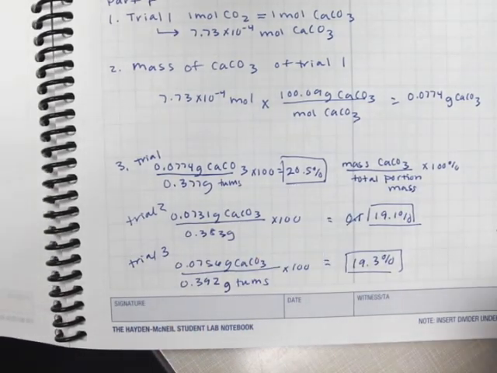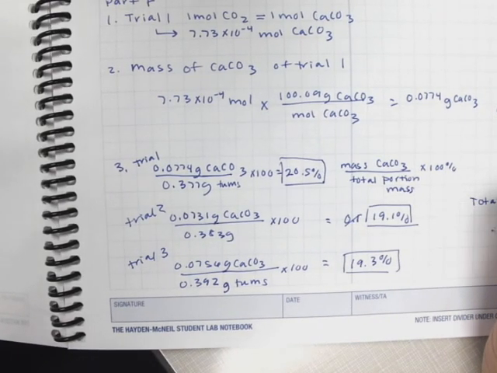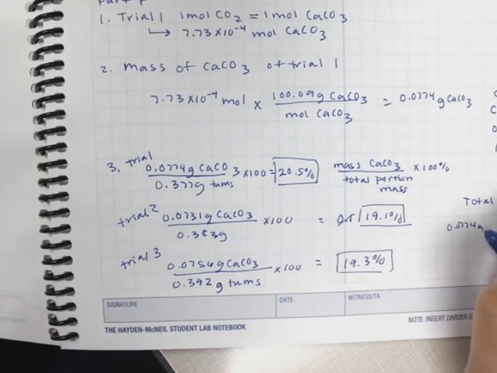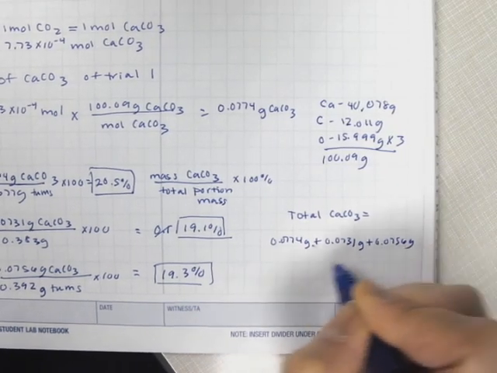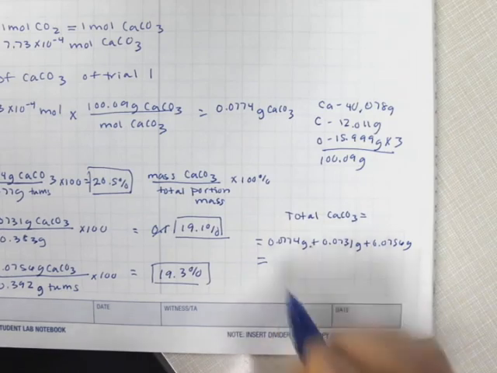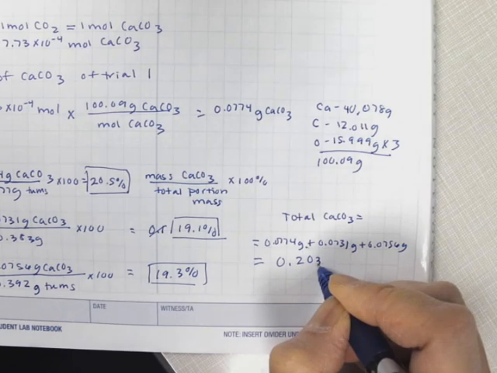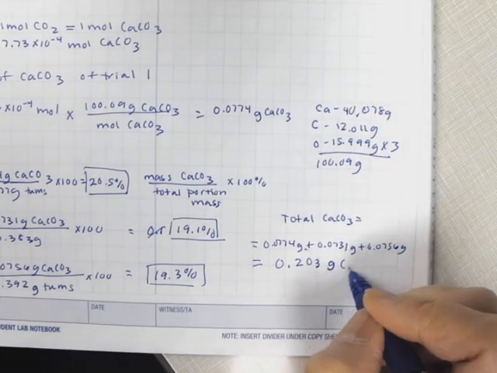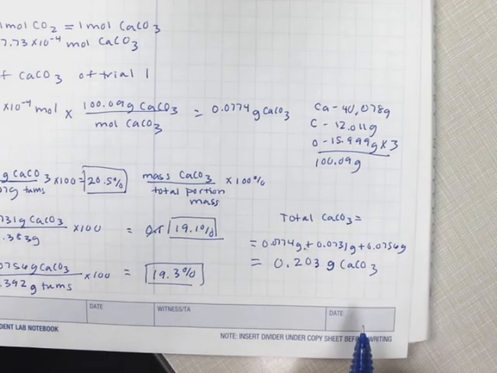The mass of my calcium carbonate total equals the sum of all of these, 0.203 grams. That would be the total mass of calcium carbonate in the Tums tablet.